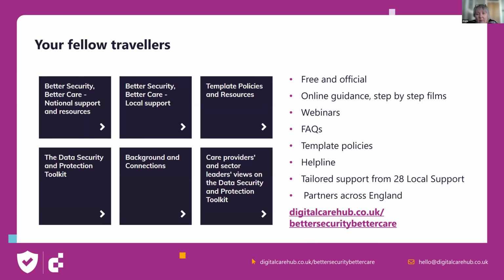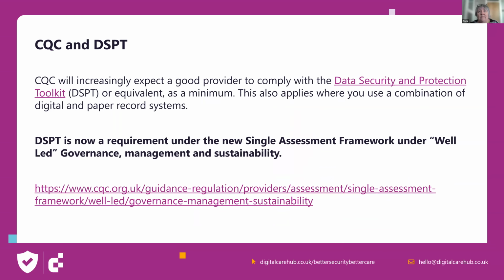The Digital Care Hub team run national webinars on all sorts of things, so it can be on specific policies and not just your DSPT. There's template policies, and there's support from other local support partners like myself across England. So dependent on which county or local authority you're in, then you can approach your local support partner. Thank you.